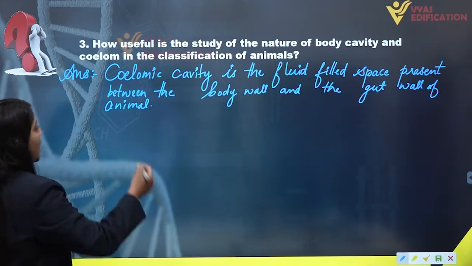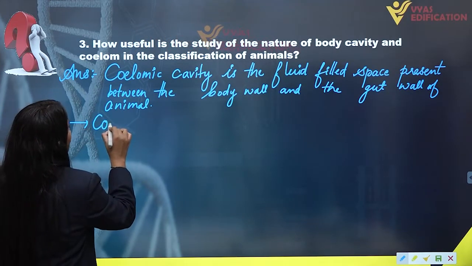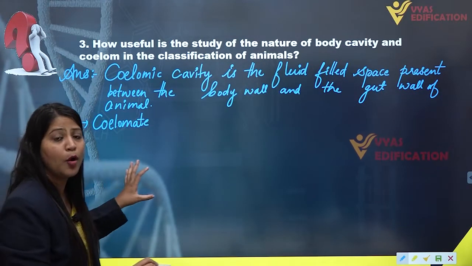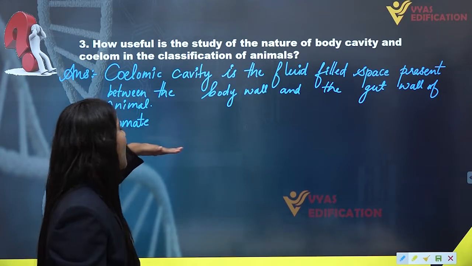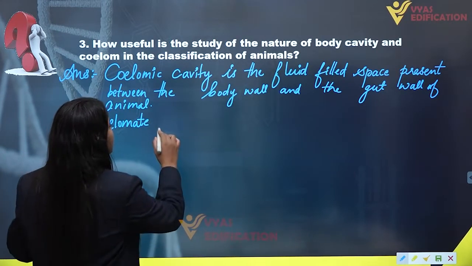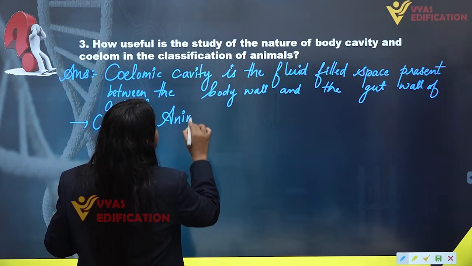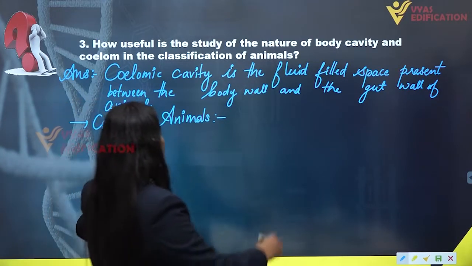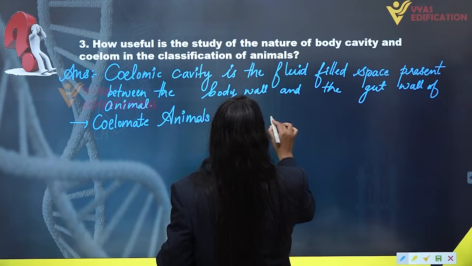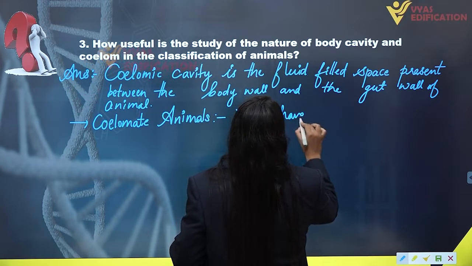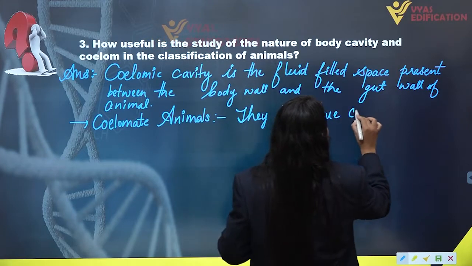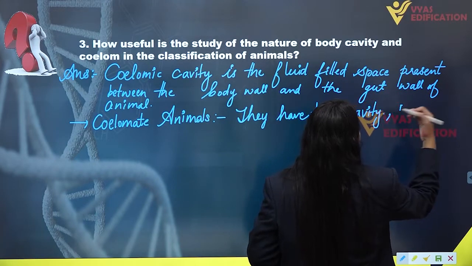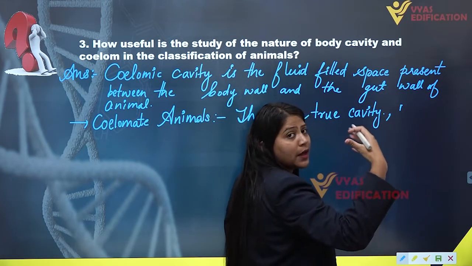We have 3 types of cavity. The animals are classified on the basis of presence of coelom or the type of coelom present in them. First category of animals is known as coelomate animals. Now in these animals, what happens? They have a true cavity. That means they have a body cavity between their body wall and gut wall.